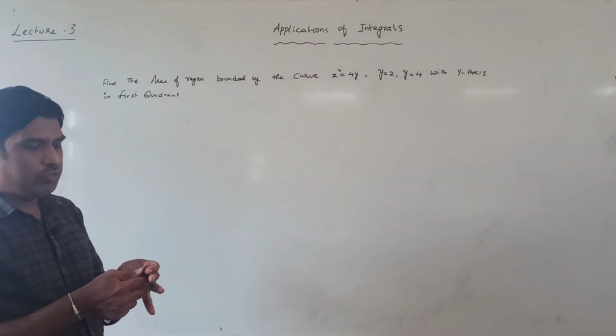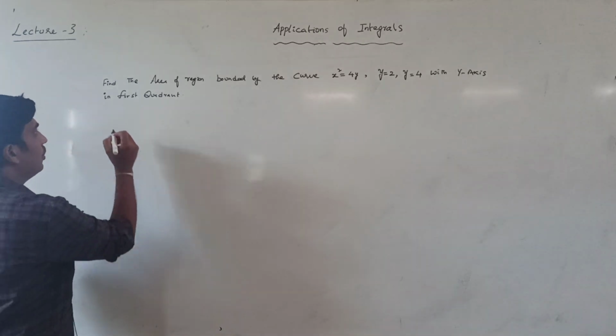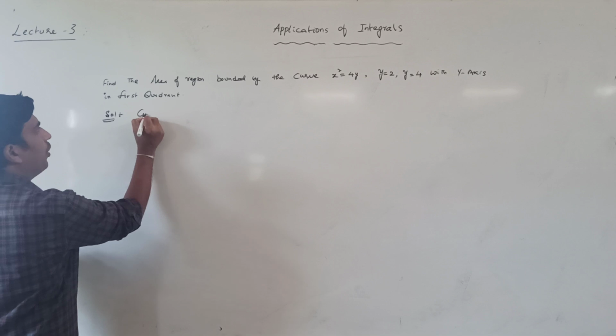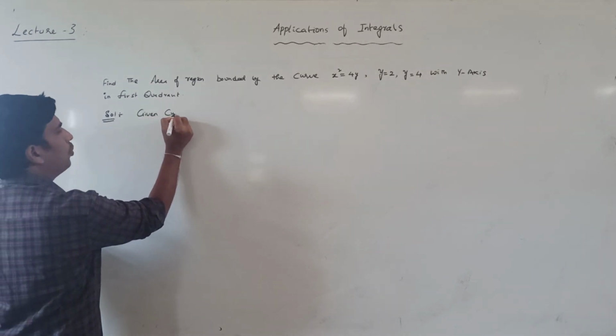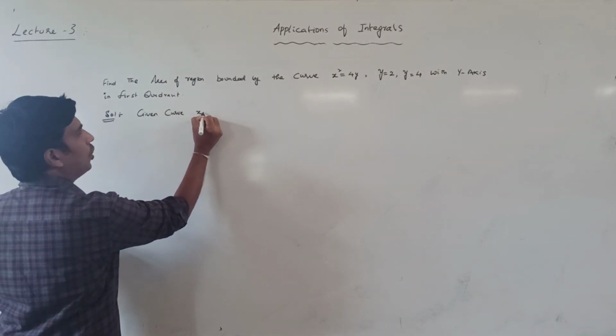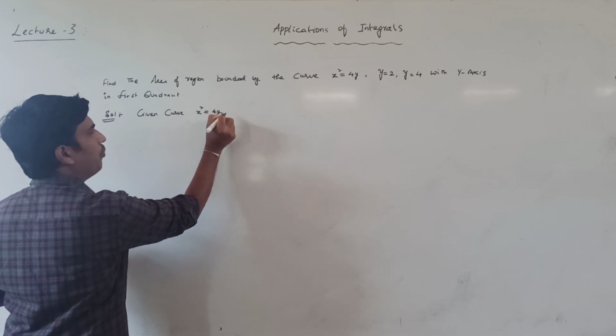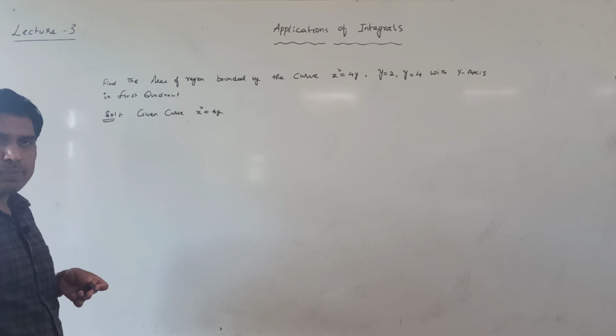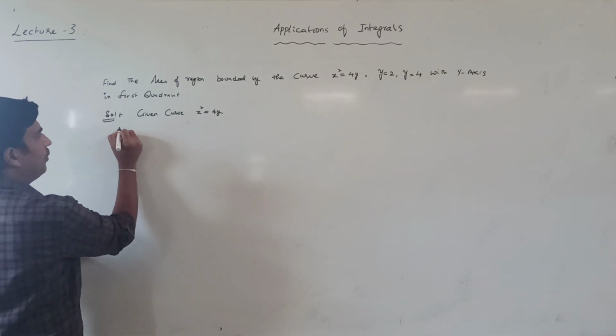So first of all, we have to know what that curve represents. That's why in the first solution we have to write the given curve. So what is the given curve? x square is equal to 4y. So x square is equal to 4y represents an upward parabola equation.